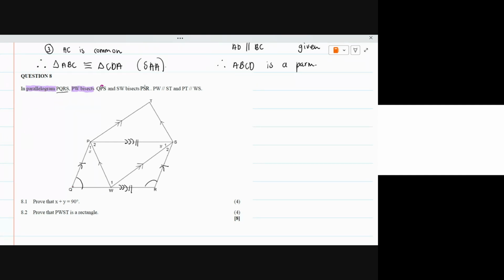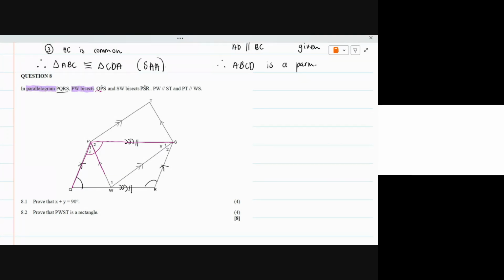So if I start at Q, I go to P, and then I go to S. Because the little cap is on P, that means the angle that is bisected is that one. If PW cuts this in half, and P1 is equal to X, which other angle is also equal to X?